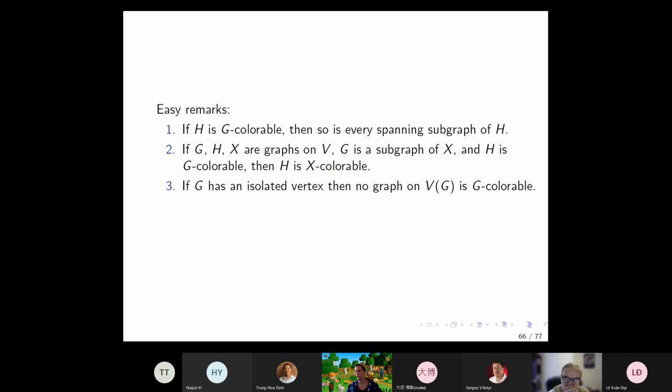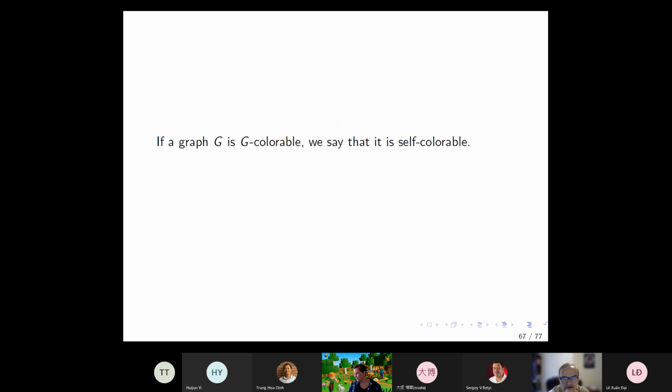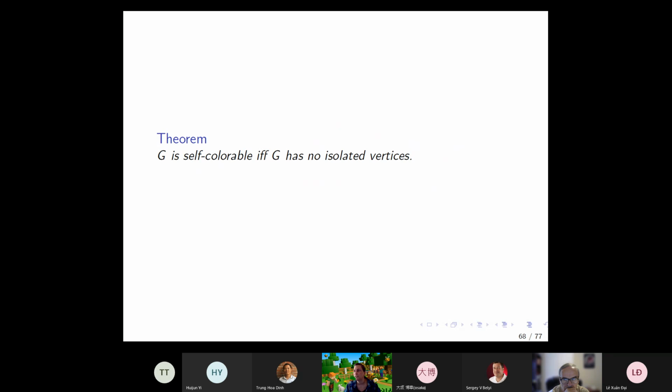Isolated vertices cause so many problems, because if a vertex doesn't have any neighbors, then it doesn't have a list, and if it doesn't have a list, then it can't get a color. If a graph G is G-colorable, we say it's self-colorable, so the list applied to every vertex is precisely the open neighborhood of that vertex. Sweet.